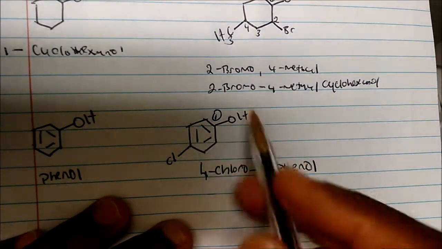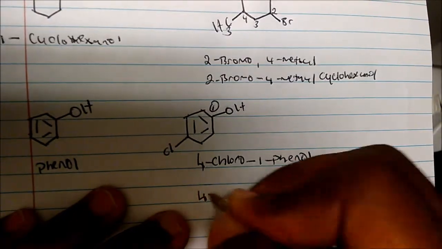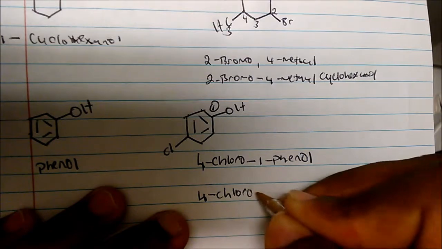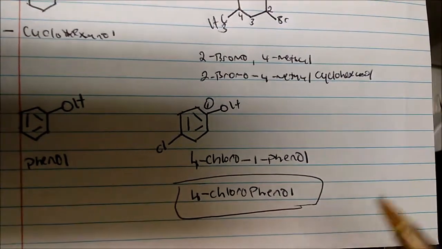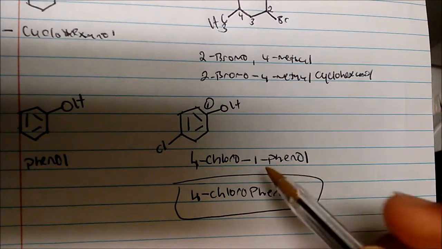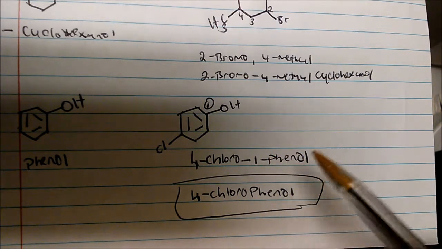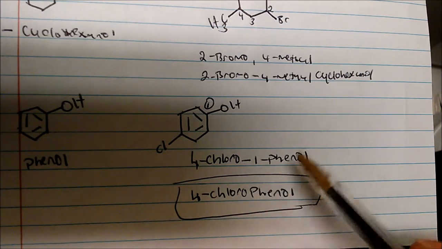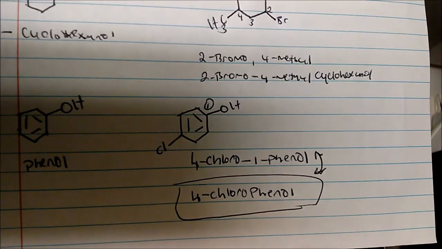Now, we don't have to write the 1, right? So putting everything together, this would be 4-chlorophenol. Now, some teachers like it this way. Some teachers might ask you explicitly to put that number 1 for the phenol, but either way is correct. And this is how you name alcohols.